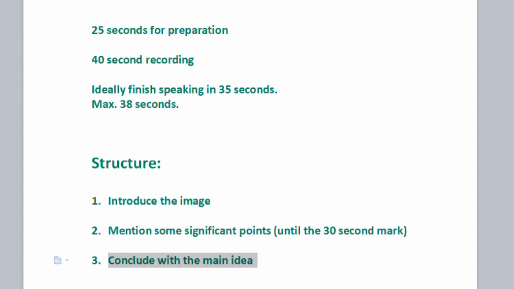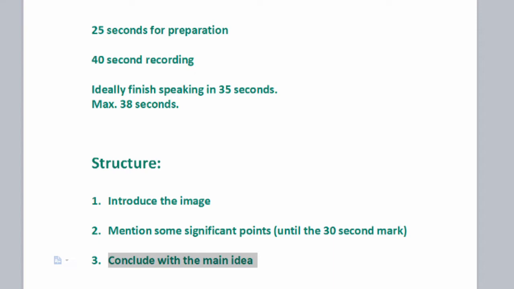So what I mean by that is that you look at your image and think about the information that it's giving you and what is the main point of the image, or what is the most significant point that you can say can be concluded from the image.